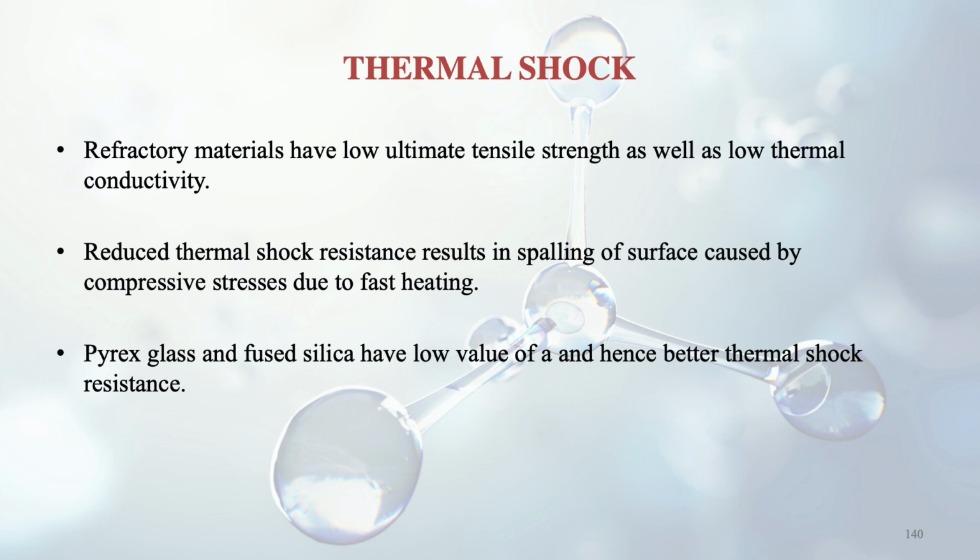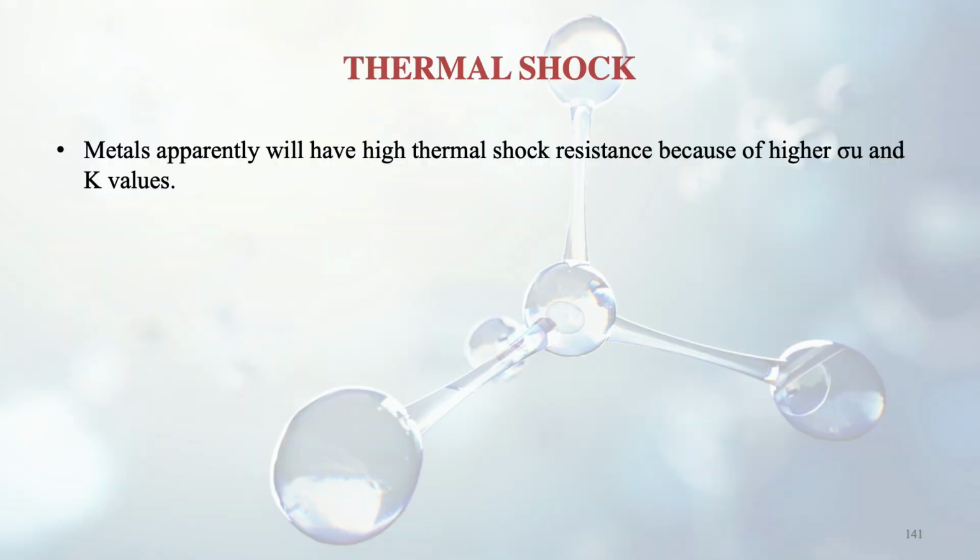Pyrex glass and fused silica are two types of materials which have a low value of a and hence better thermal shock resistance, because a was in the denominator in that formula if you see. Similarly, metals apparently have very high thermal shock resistance. Why? Because they have higher values of ultimate tensile strength and also of thermal conductivity.